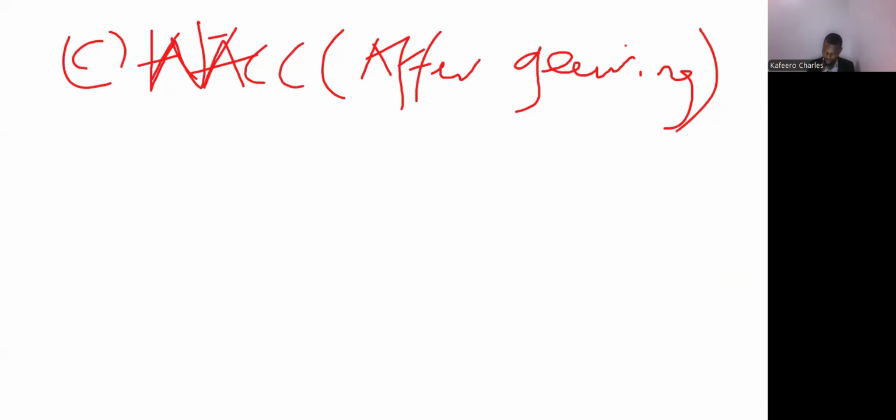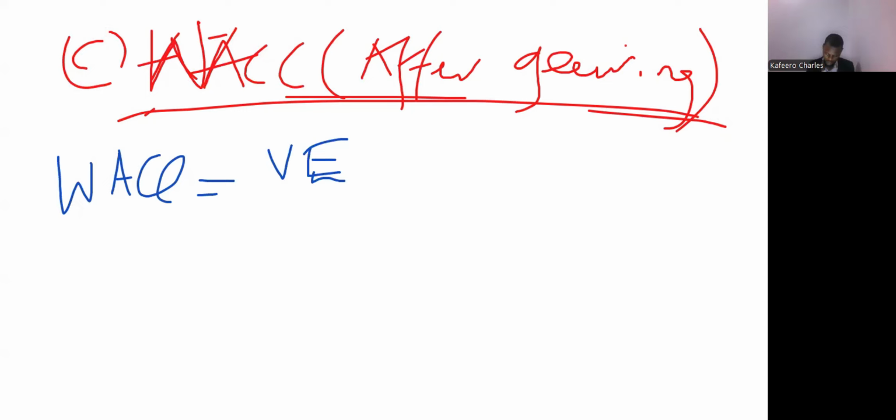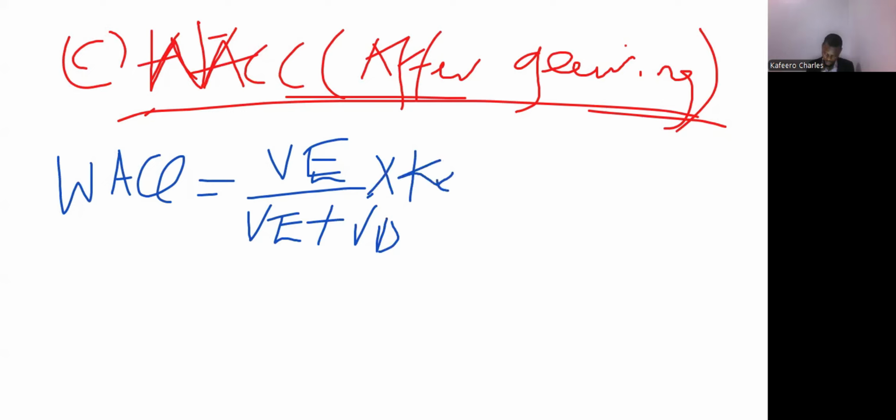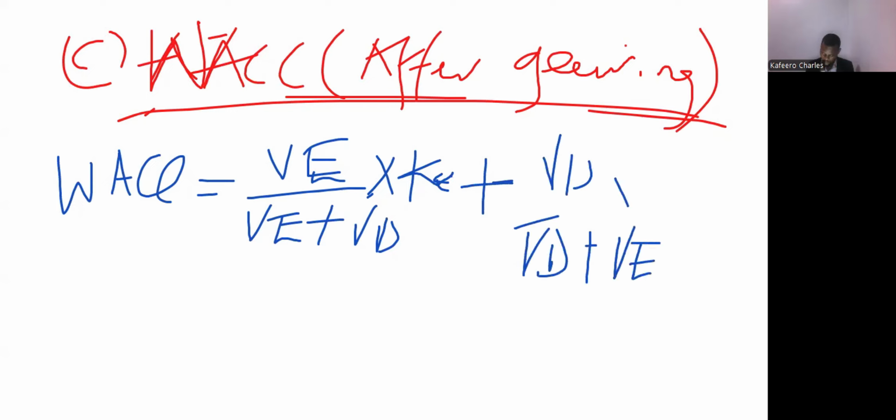After gearing, we said WACC equals VE over VE plus VD, times KE, plus VD over VD plus VE times KD into 1 minus the tax rate.